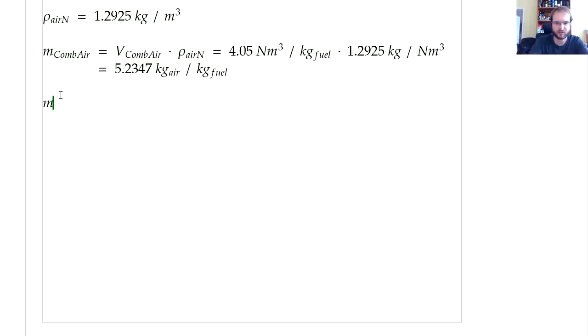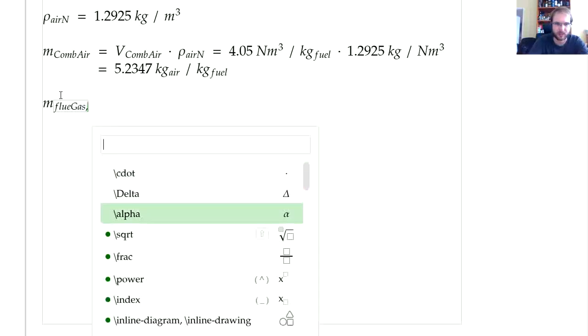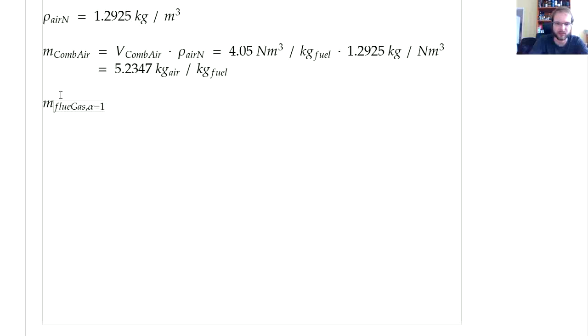So the M of the flue gas, now at first for the excess air, which we mark alpha, excess air equals 1, is this mass of the combustion air, plus also the part of the fuel that goes into the flue gas.